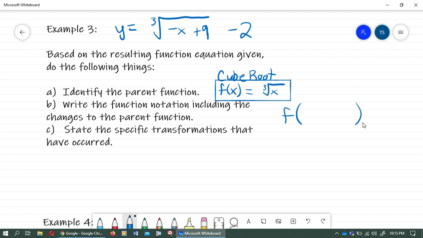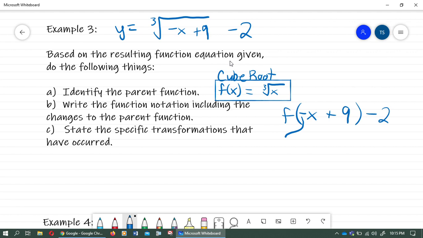There's definitely some changes happening on the inside because there are changes happening up under that radical. On the outside, we've got subtracting 2. On the inside, with the x up under the radical inside the function, we've got a negative being multiplied there, and we've got a 9 being added.